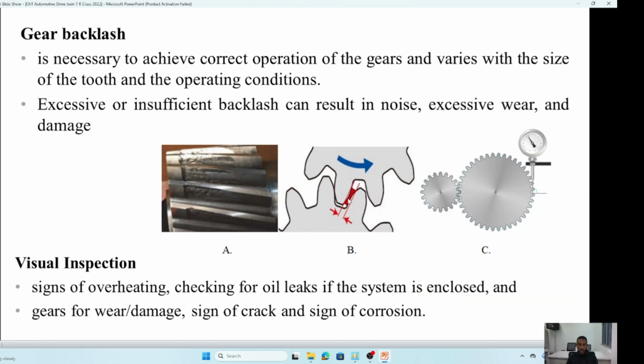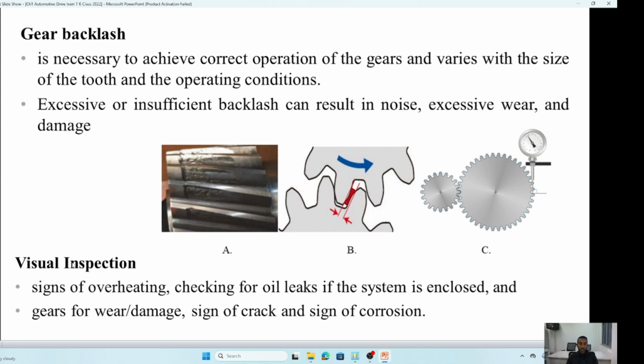So it also considers the backlash. If the backlash is very narrow, it doesn't allow the entrance of oil and it creates excessive wear. If the clearance of backlash is very high, simply what will happen is it will create some impact force. That impact force will lead to damage of the gear teeth.